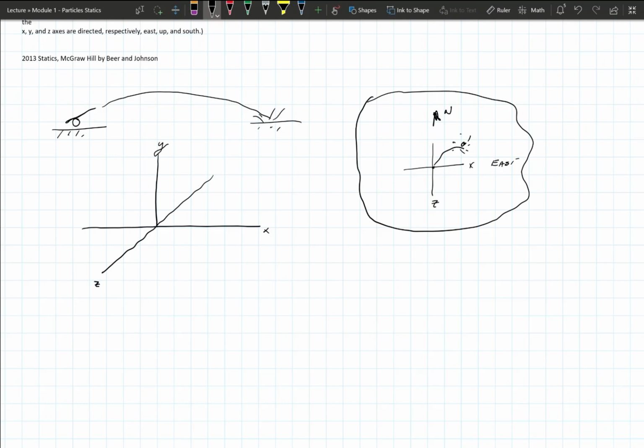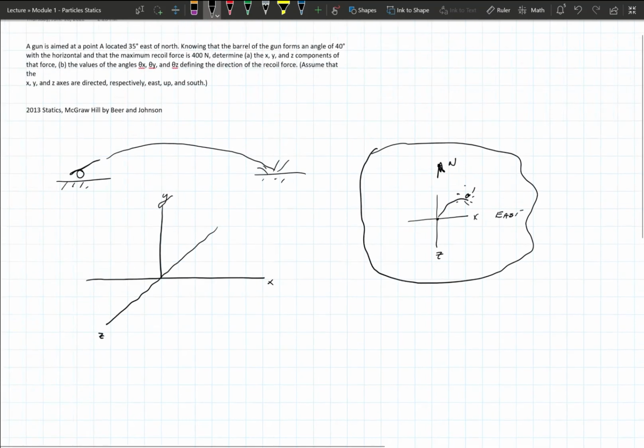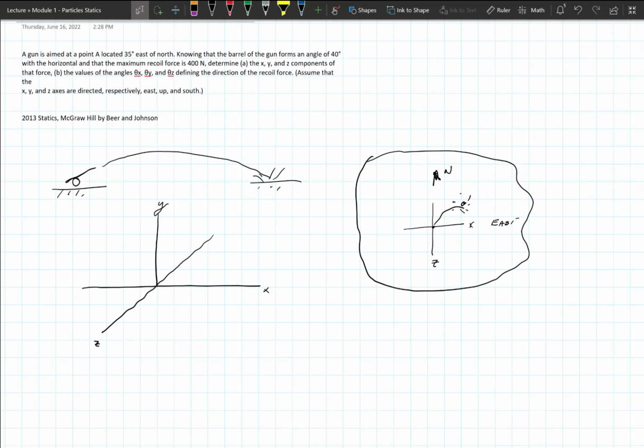Okay. All right. So in this problem, we are given a gun aimed at point A, which is 35 degrees east of north, knowing the barrel of the gun forms an angle of 40 degrees with the horizon, and the maximum recoil is 400 newtons. Determine the x, y, and z components of that force, and the values of the angles x, y, and z defining the direction of the recoil force.